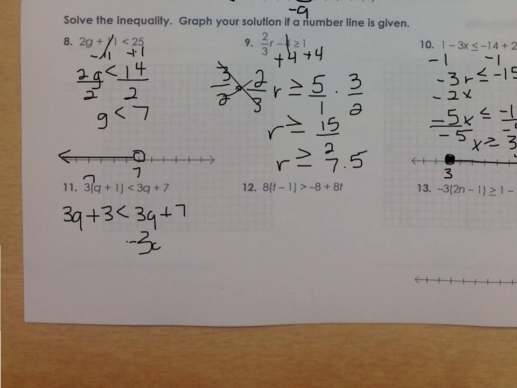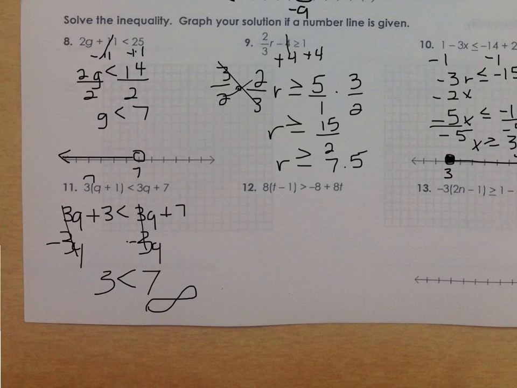Those cancel and those cancel. I end up with 3 is less than 7. Is 3 less than 7? Yes, and that makes sense. So what we have here is infinite solutions, meaning any amount that you put in for q is going to make it true.